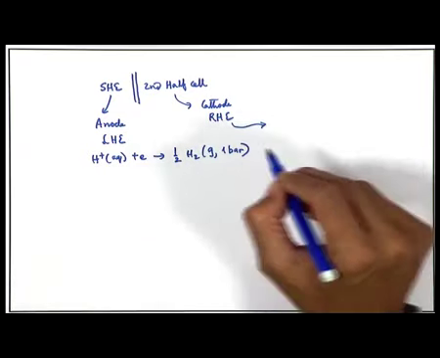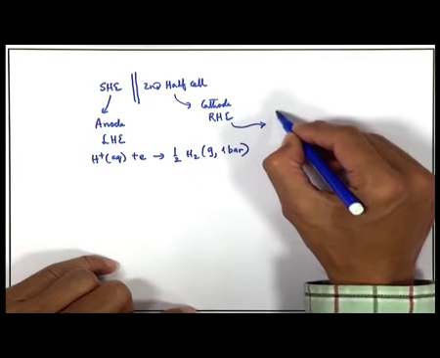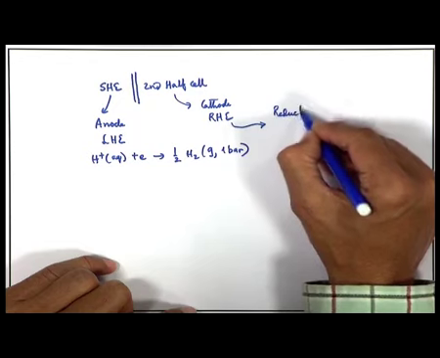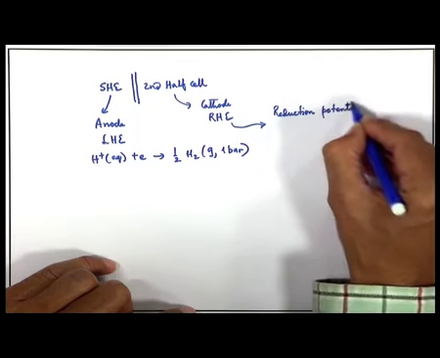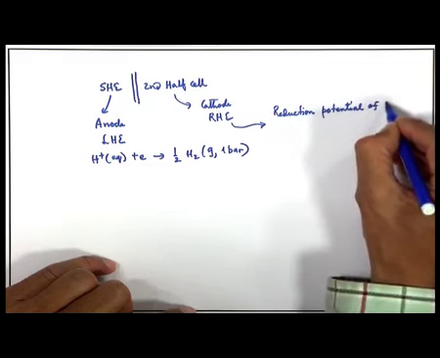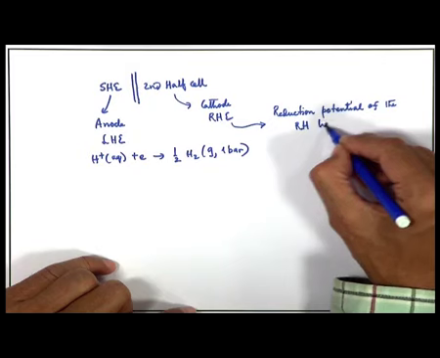So, you will be able to find out the reduction potential of the right hand half cell.